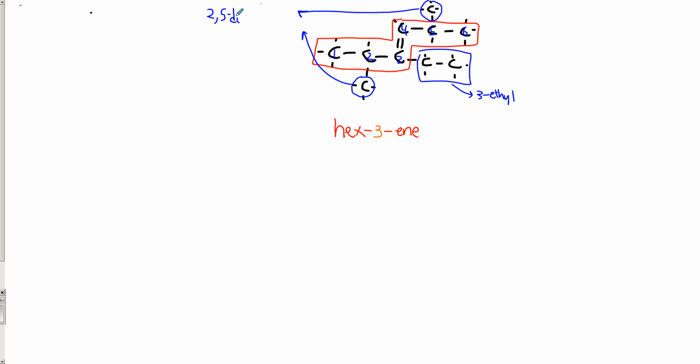So then we just have to place these into our name. And we do it in alphabetical order. So this will be 3-ethyl, dash 2, comma 5, dimethyl.